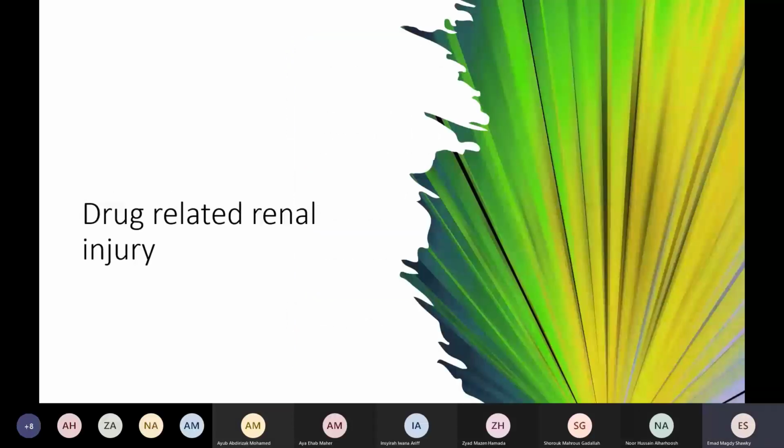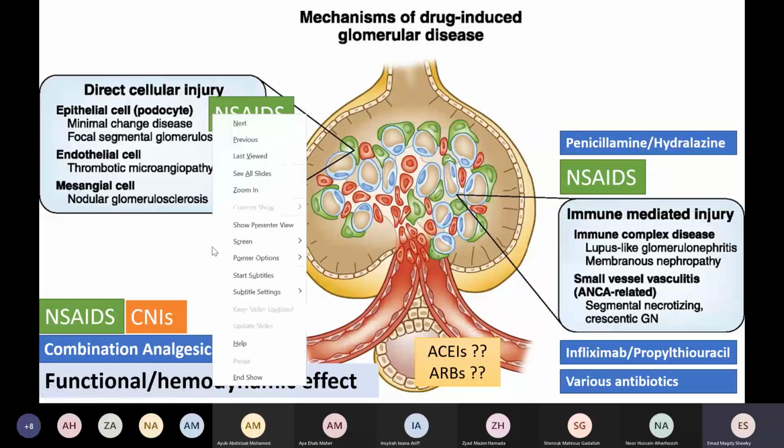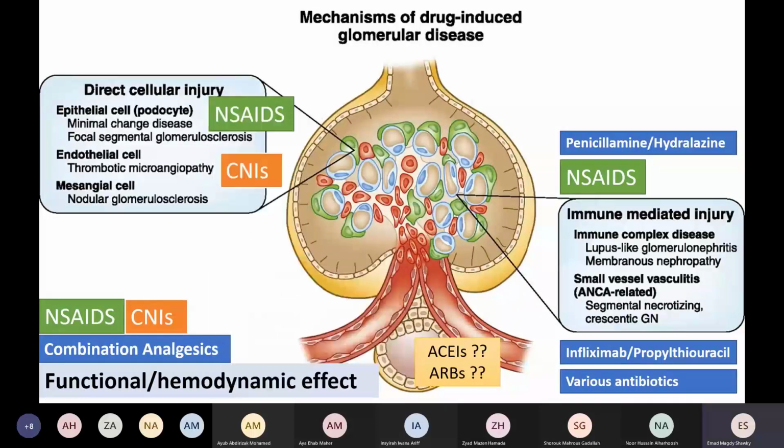Let's start with number one, one of the main targets of the lecture. What is the spectrum of injuries that drugs can induce to the kidney? If we see this image, forget the drugs for now, but we will discover that the drugs can affect all the kidney structures, and they can affect the kidney by all the physiological mechanisms of kidney injury.